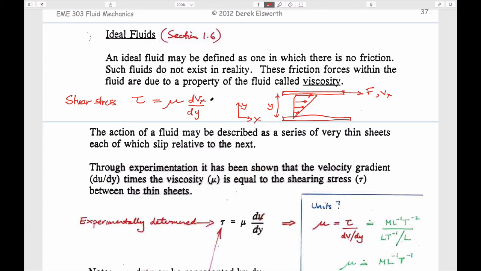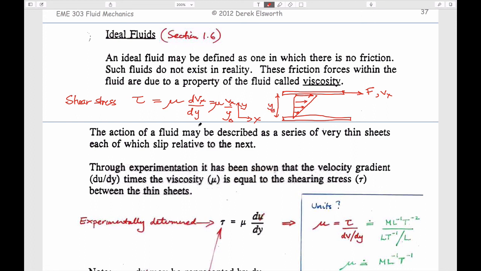So if we were to write this out in full, this would be viscosity. What would be this term? This term would be this value Vx at the top, and it changes over a length y. This is just the thickness of this plate. If you want, we can call it y0.